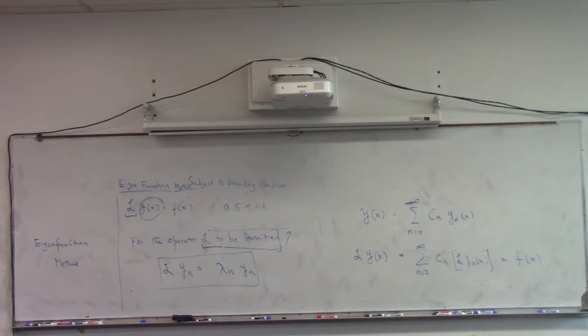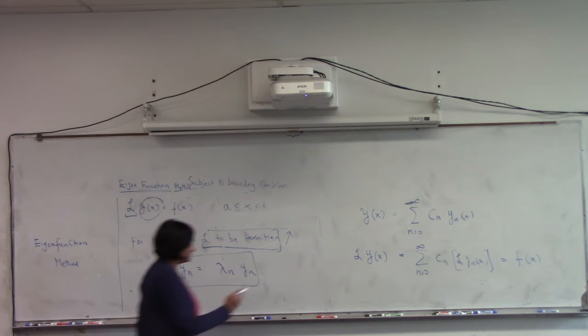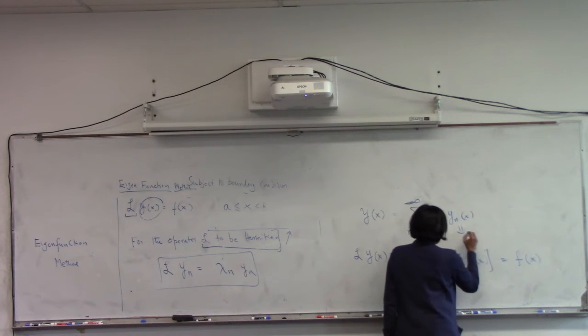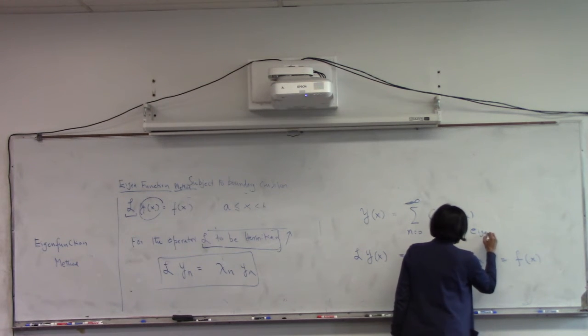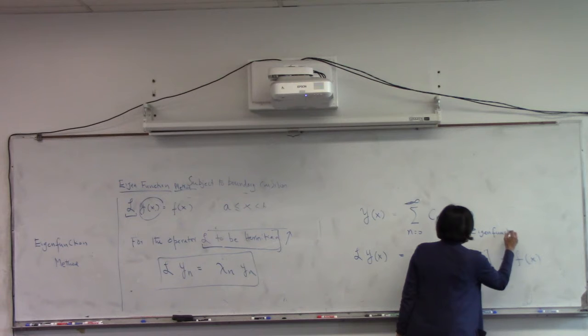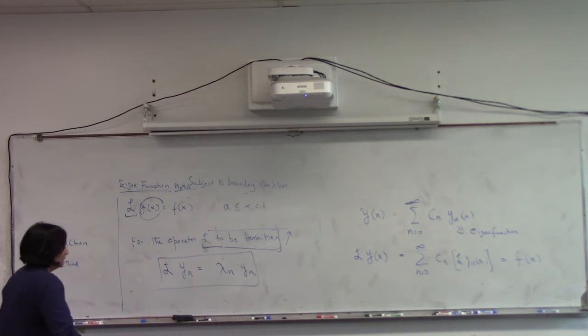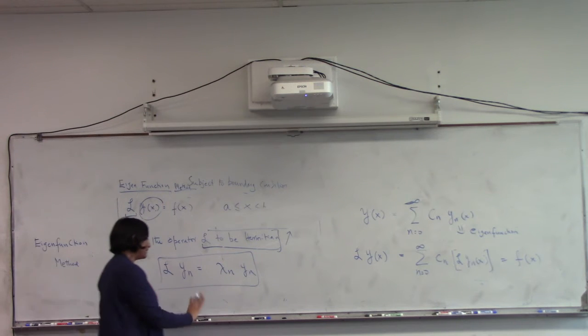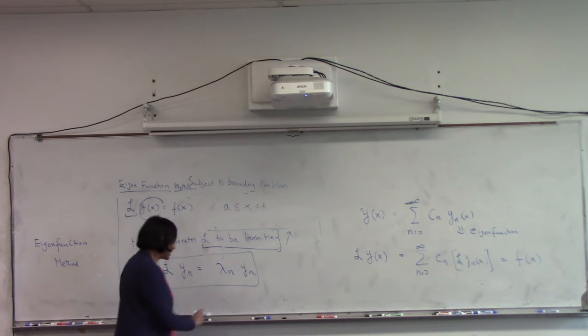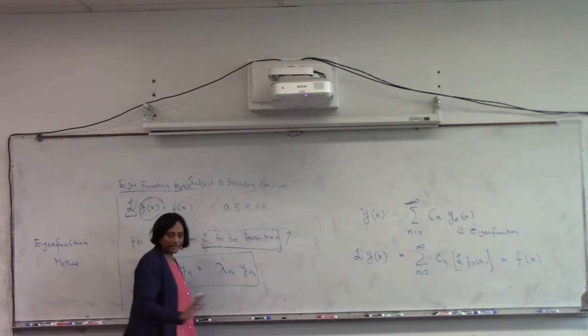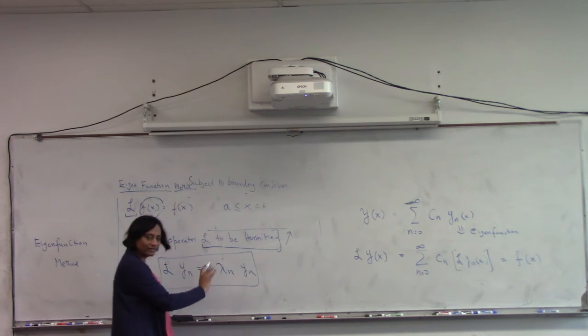L operating on y_n. y_n is an eigenfunction; this is a solution. When I substitute, it's an eigenfunction of the linear operator. Good. What can I write for L operating on y_n(x)? That's the eigenvalue equation. I'm going to make this a little more complicated. This is the normal eigenvalue equation.